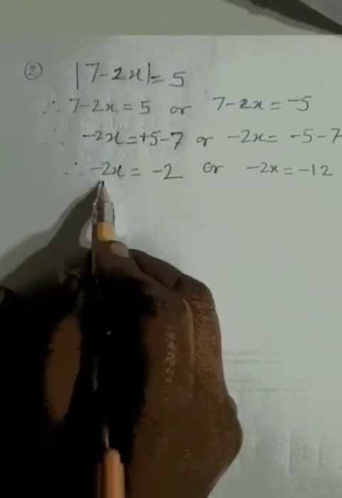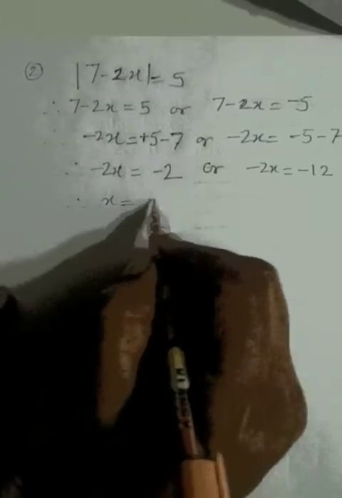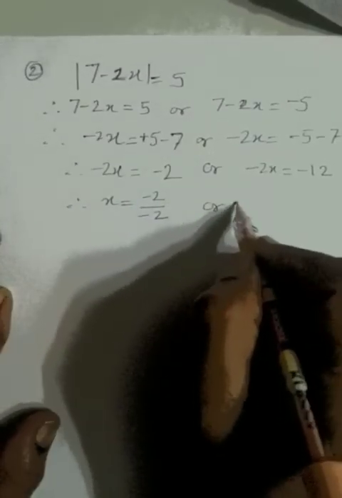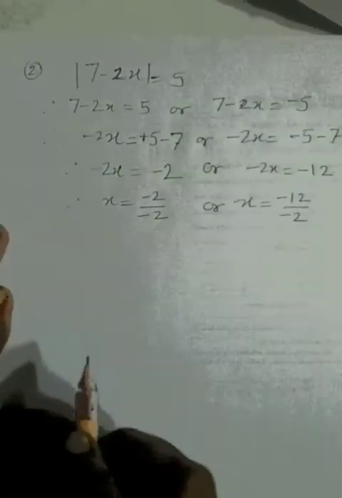Now we simplify it. Minus 2 is multiplying here, we divide to the right side, x is equal to minus 2 upon minus 2, or x is equal to minus 12 upon minus 2.